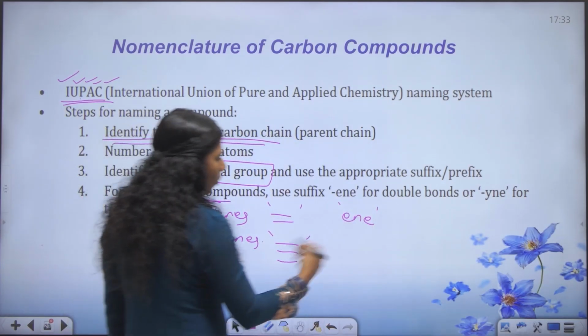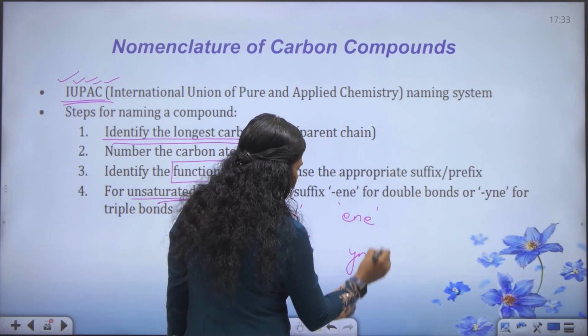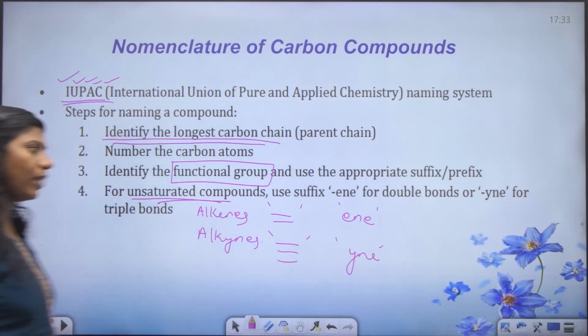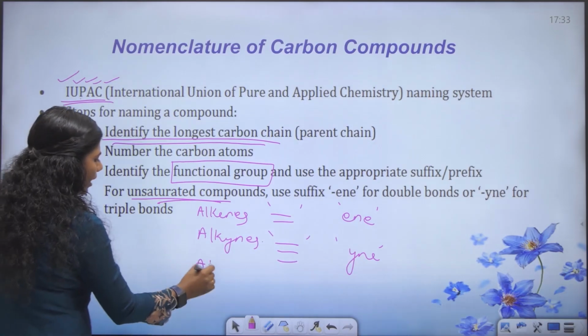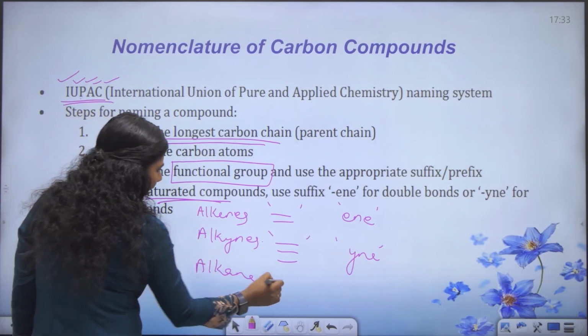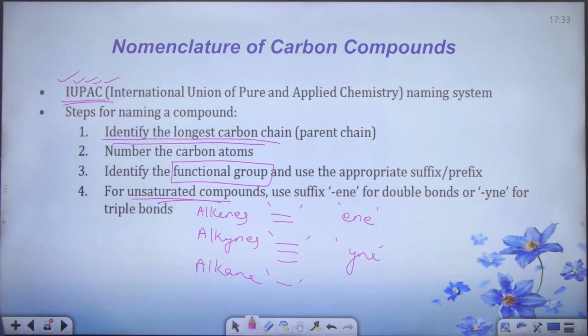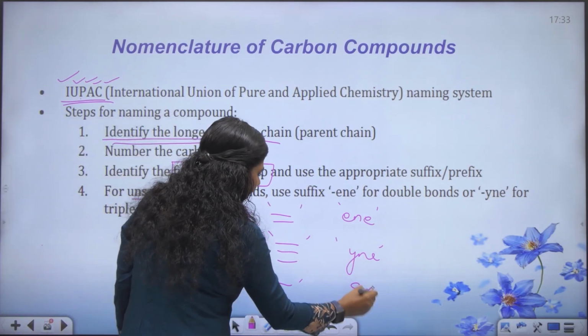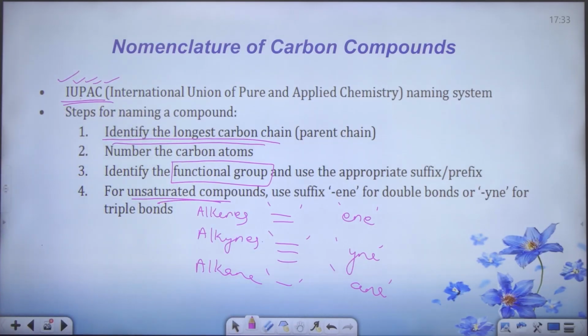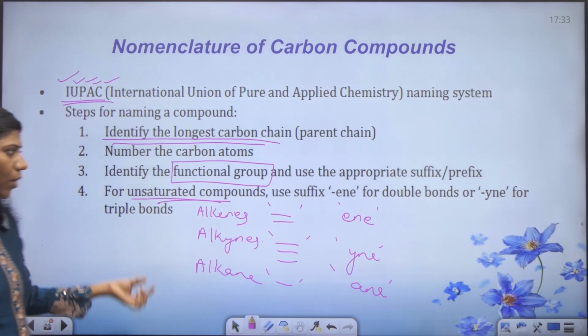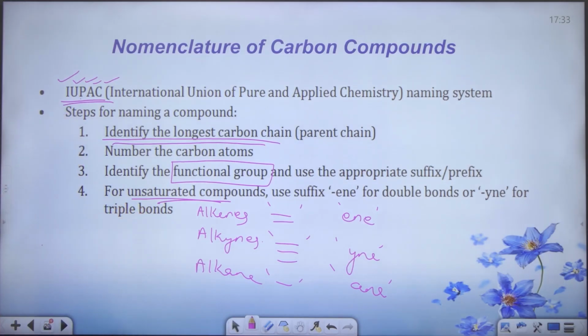And the name of alkynes ends with yne. In the case of single bonded compounds, use the suffix ane. Use ane for single bonded compounds, ene for double bonded compounds, and yne for triple bonded compounds. Okay.